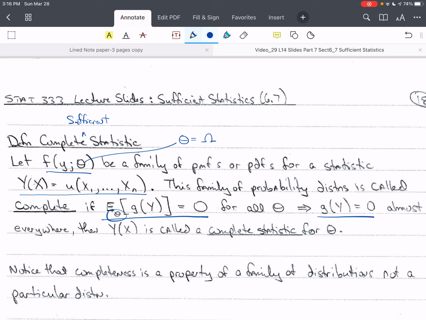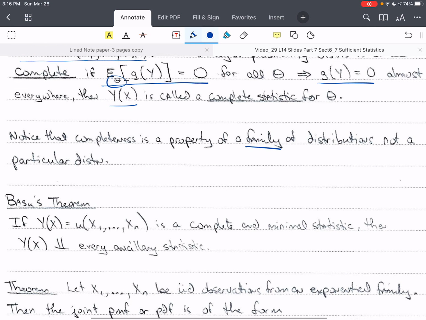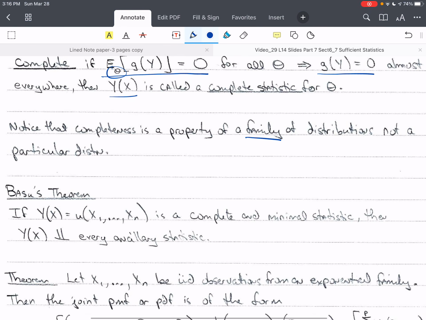Then y of x is called a complete statistic for theta. So completeness is a property of a family of distributions, not a particular distribution.